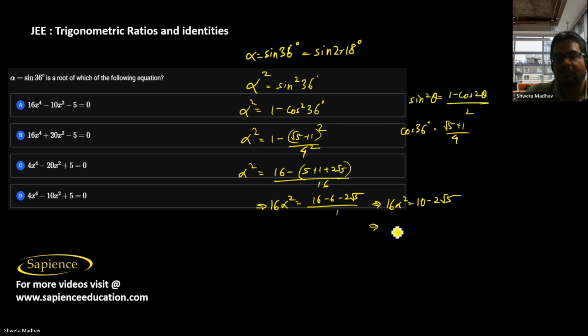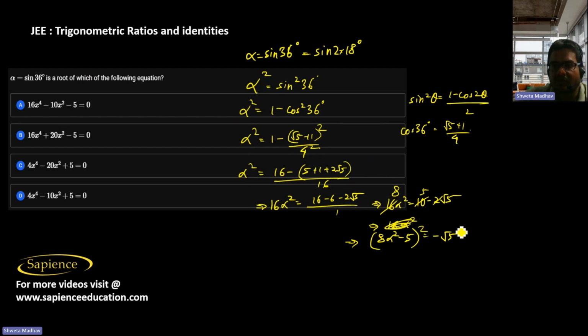Now we can divide by 2 on both sides. So 2 8s are 16, 2 5s are 10, 2 1s are 2. So 8 alpha square minus 5 is equal to minus root 5.